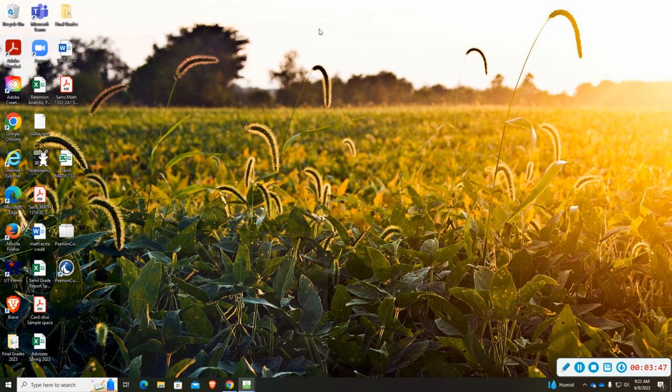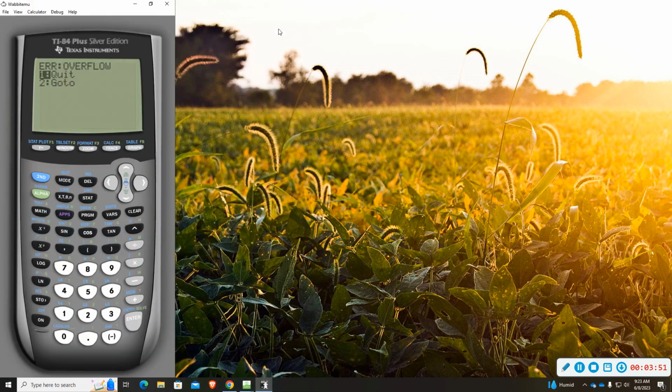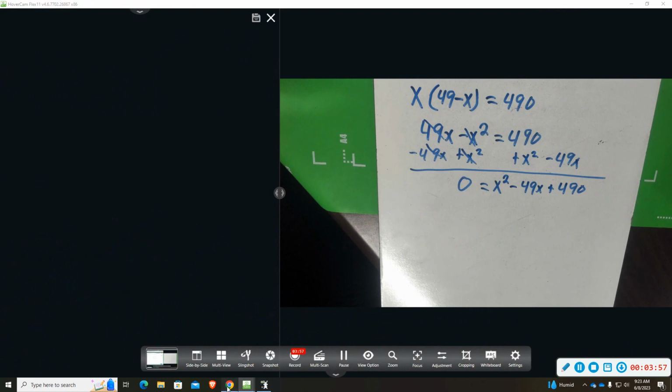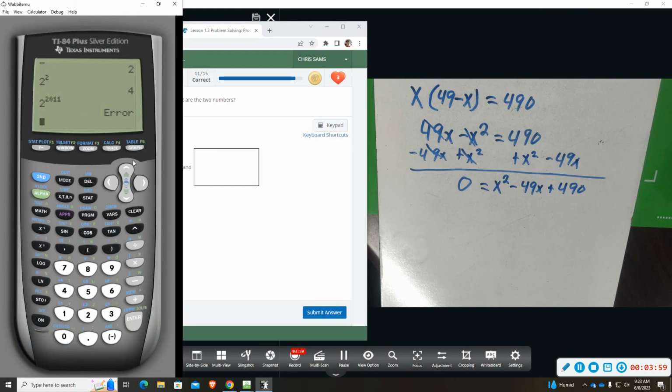Open it back up. I'm going to get it to factor 490 for me since it's a big number. I could do it by hand, but it will go much sooner if we do it with the calculator. So I'm going to show you how to do that.